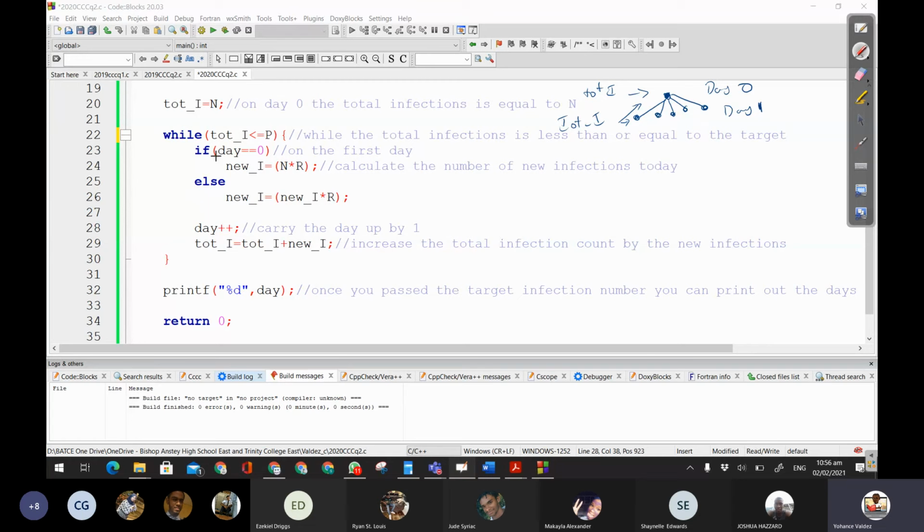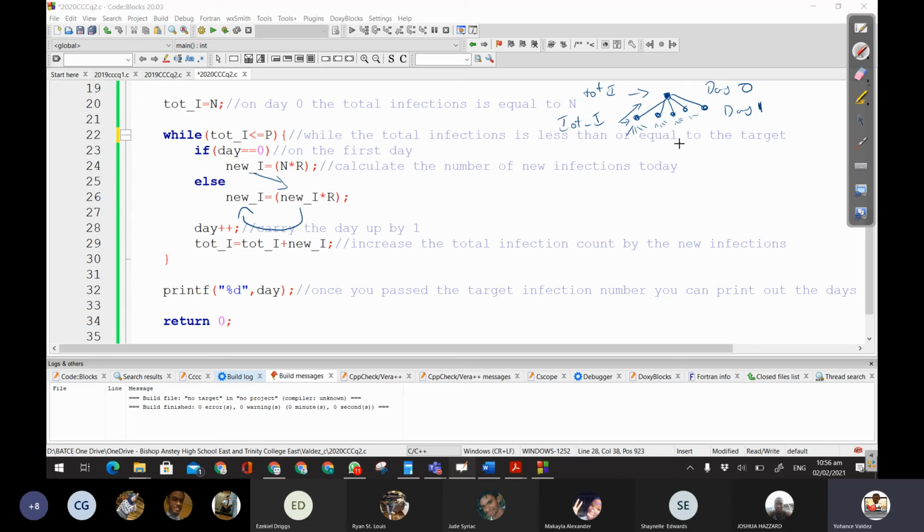And then on every other day, we can't use that original value because the value has already changed to this here. So this new infection value is what we use for every other day. At the end of day 1, each one of these people infects 1, 2, 3, 4, 5, 1, 2, 3, 4, 5, and so on.